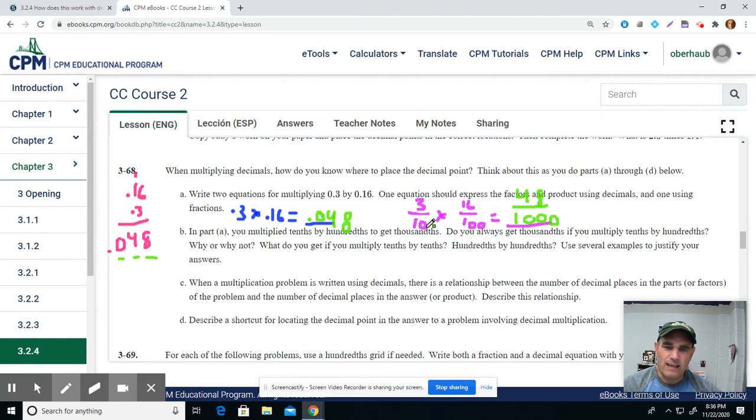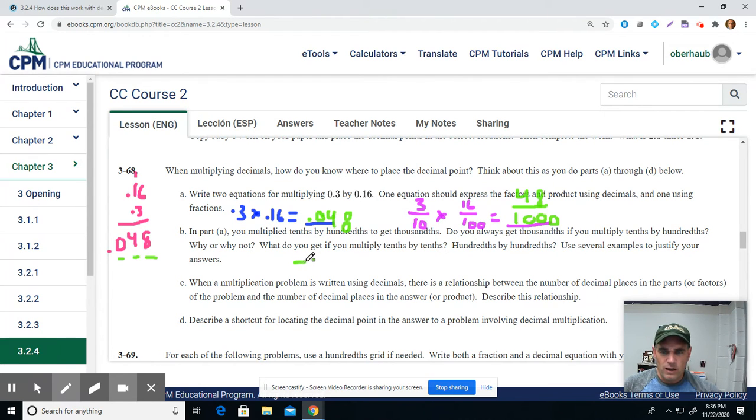We got thousandths because we multiplied 10 times 100, which is 1,000. Here, when we multiply the decimals, our last digit is in the thousandths spot. So the question wants to know, do you always get thousandths if you multiply tenths times hundredths? And the answer is yes, because if I multiply 10 times 100, I'll always get 1,000 in the bottom. What do you get if you multiply tenths by tenths?